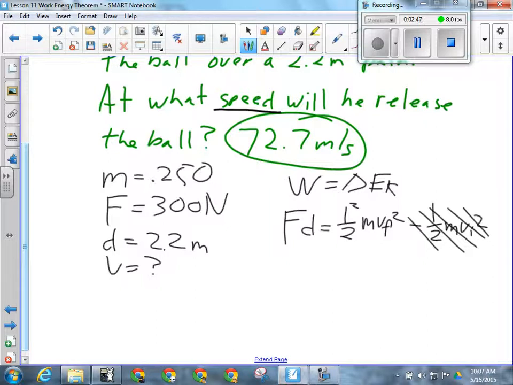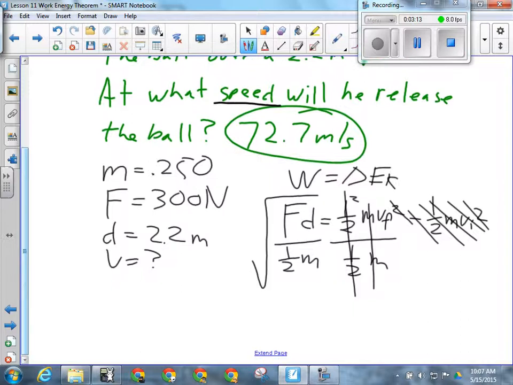So how do I get vf by itself? Divide by 1/2 m, and that leaves me with vf squared. Square root.